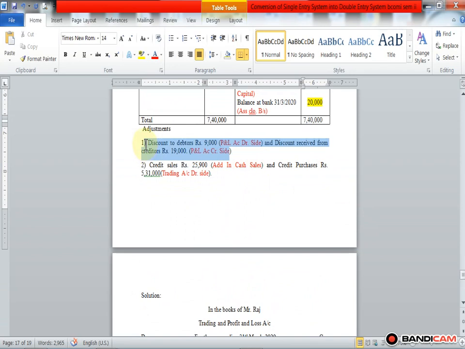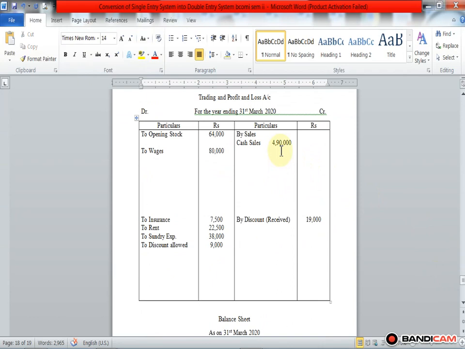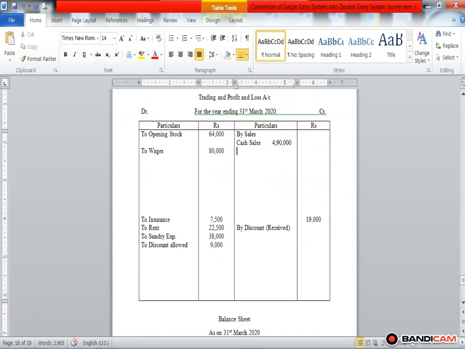Then we post the second adjustment, that is credit sales and credit purchases. So credit sales is added to cash sales, and the stock effect is remaining.